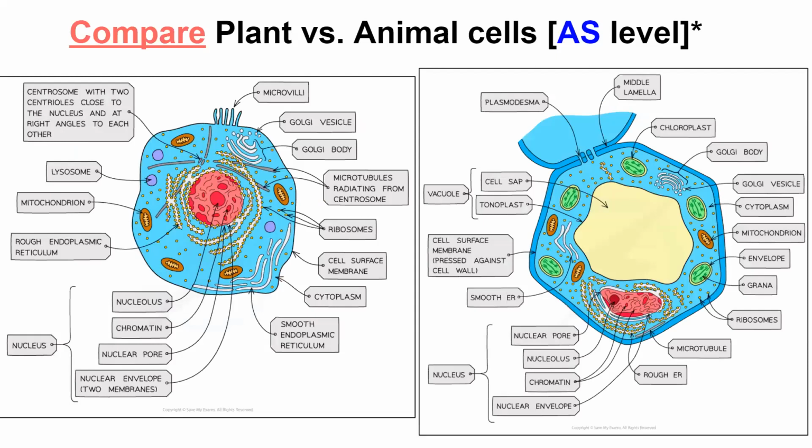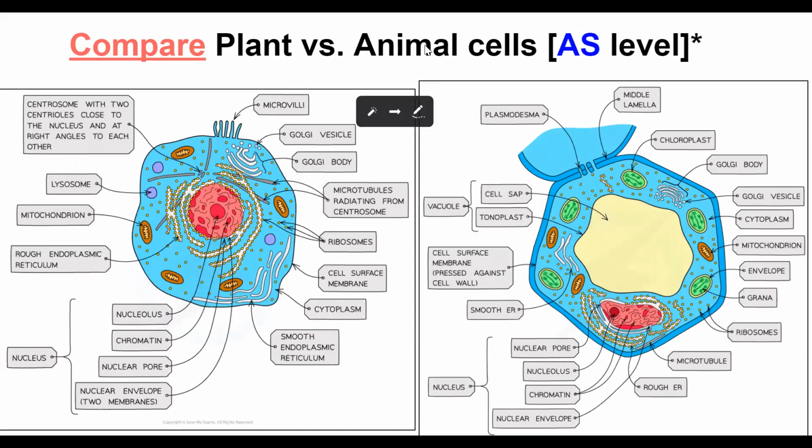So here on the screen are the diagrams of the ultrastructures of plant and animal cells. Let's look at what are some structures that are common in both. On your left is the animal cell, and on your right is the diagram of the plant cell.